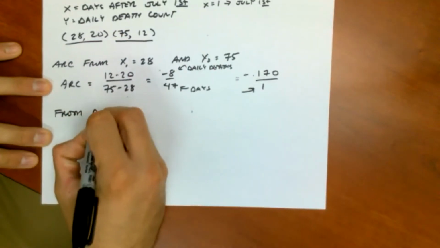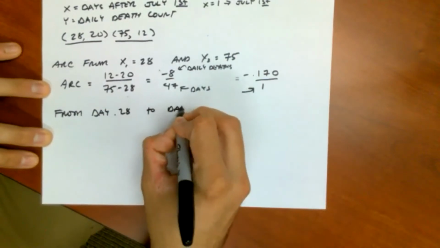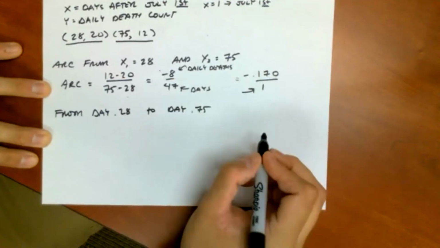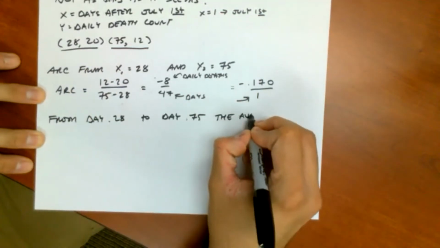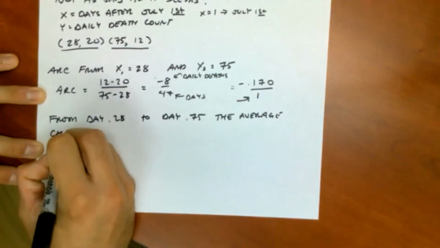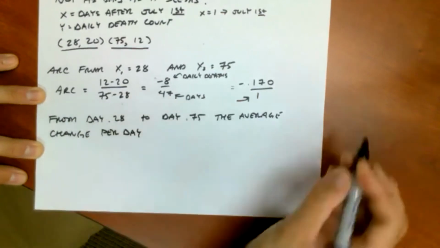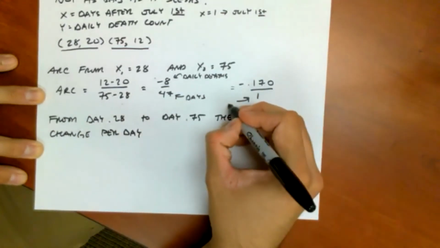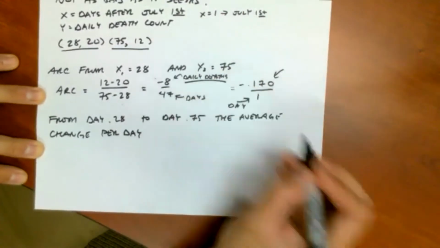from day 28 to day 75, right? We started day 28 to 75. The average change per day. Now, the reason we can say this is per day now is because that bottom is 1 day, right? And this is still the daily death count, okay?